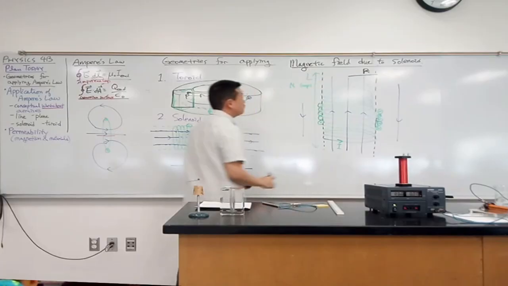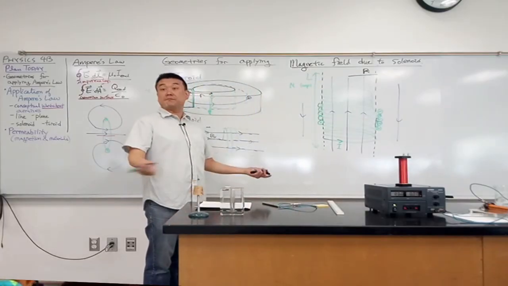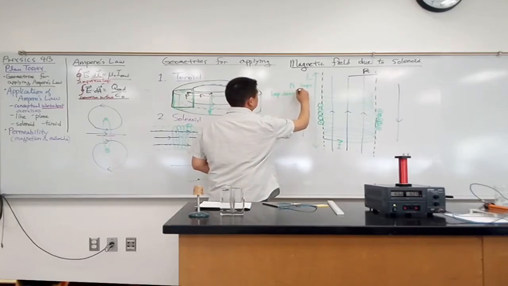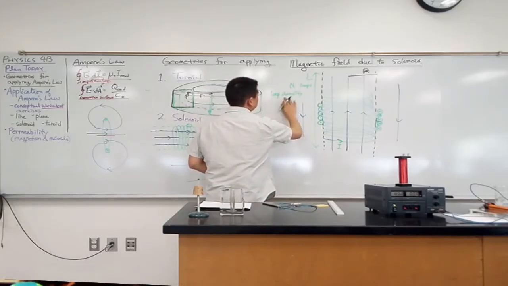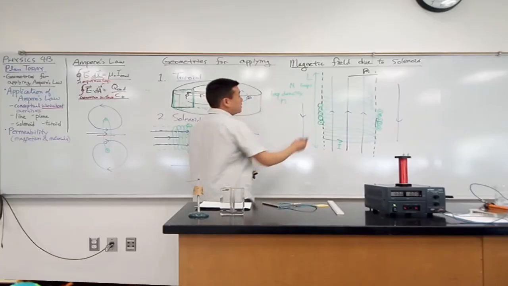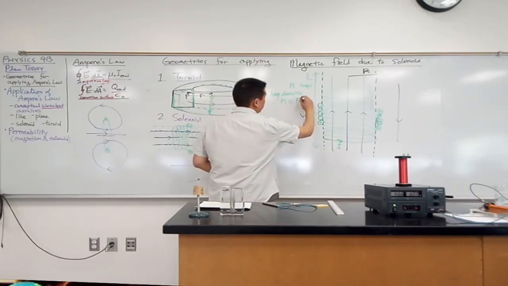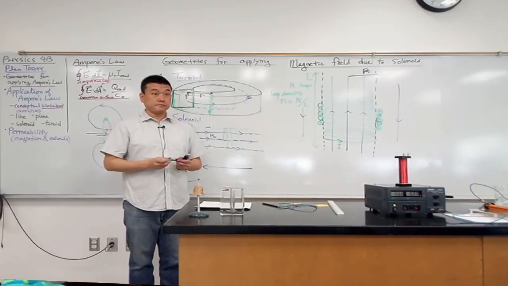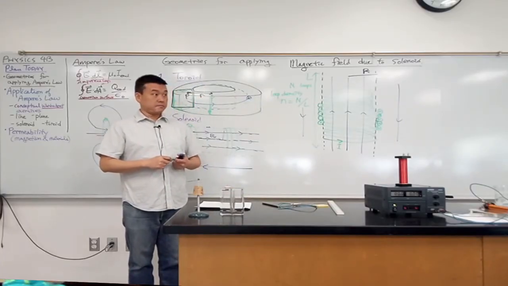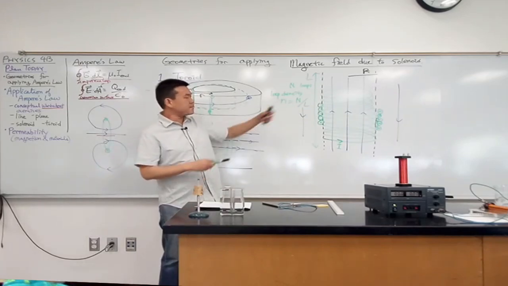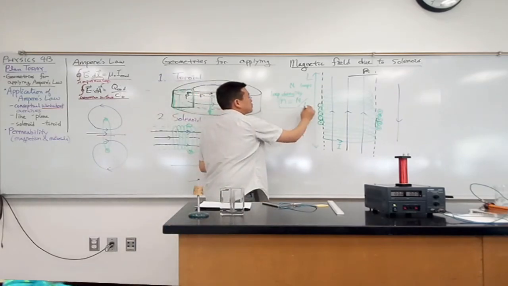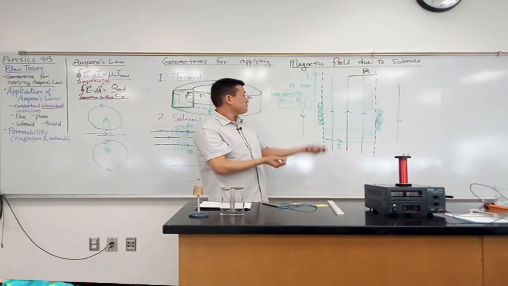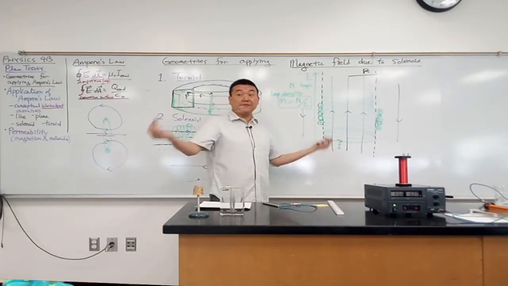Or another way to say that would be the solenoid has a loop density, lowercase n, equal to some number of loops per length of the solenoid. I want it specified as a density because I'm imagining this solenoid to be infinitely long. So unlike the toroid, the density is a better way to specify it. Otherwise, I have an infinite number of loops.